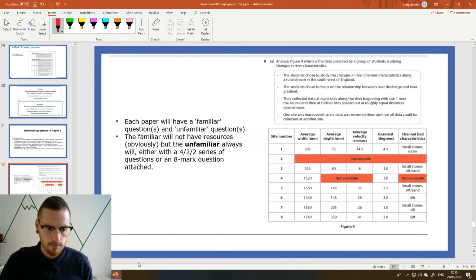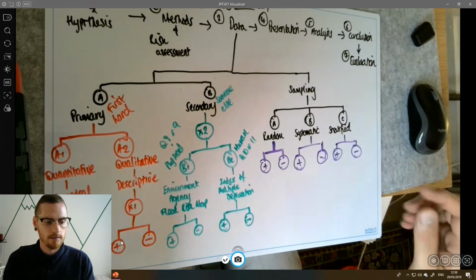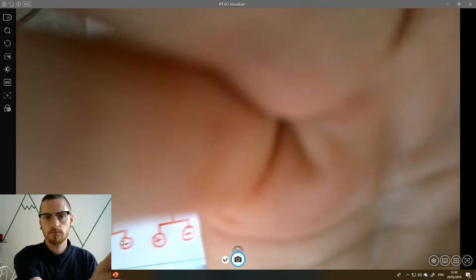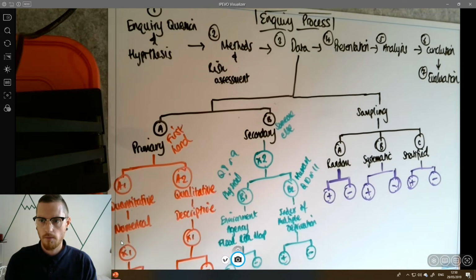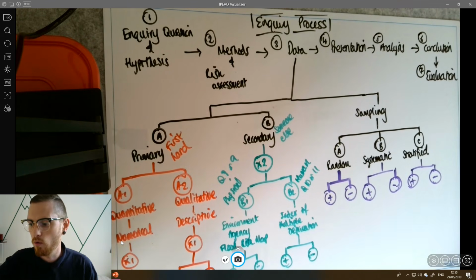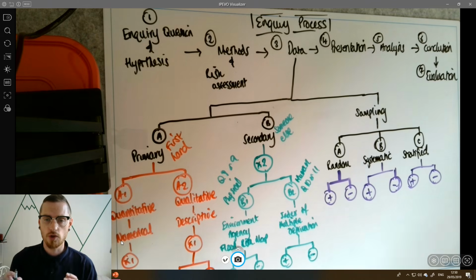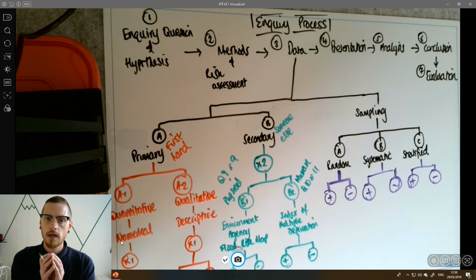I'm going to go to the visualizer. What I've done here is map out what they expect you to know for C1 and C2, the section C fieldwork. I should have sorted this beforehand, I do apologize.